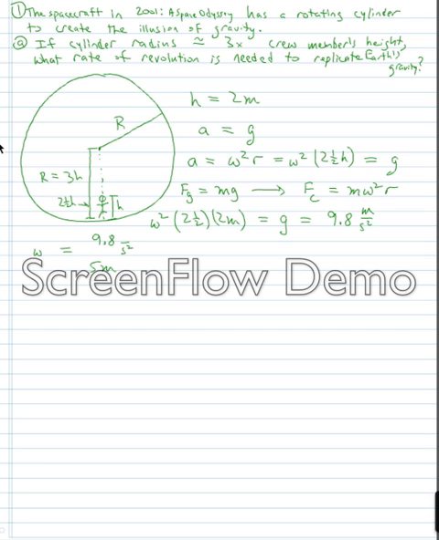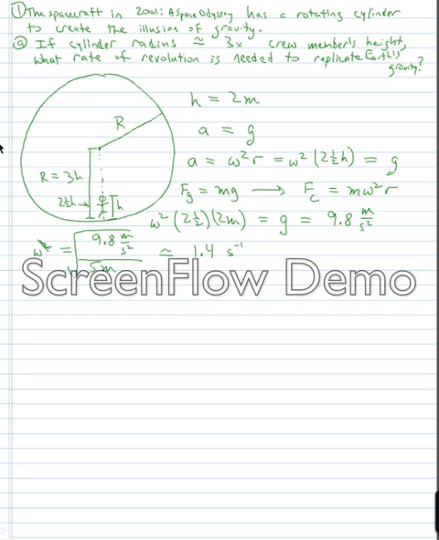5 meters. Okay, so then, to make this omega, we'll take the square root on both sides. And 9.8 is pretty close to 10, so basically omega is going to be pretty close to the square root of 2. So this is about 1.4 radians per second.